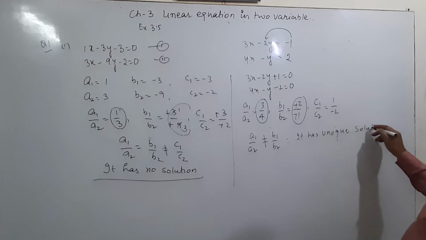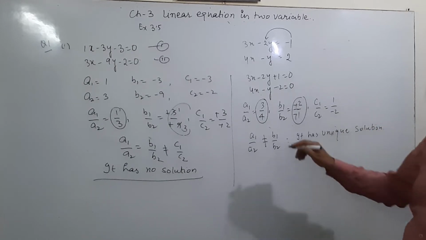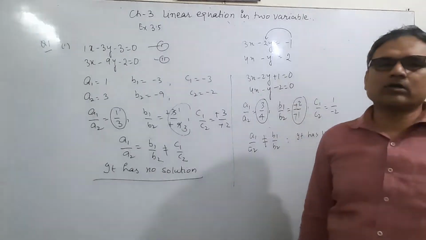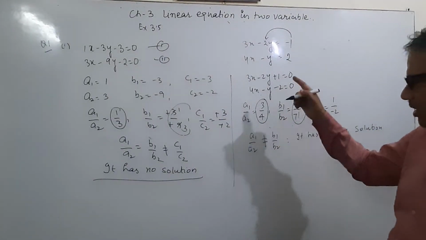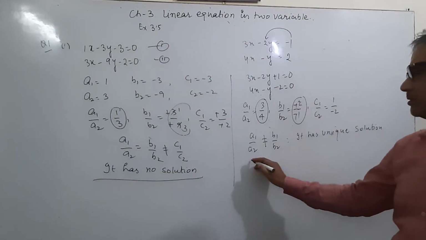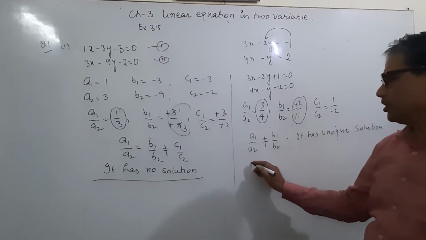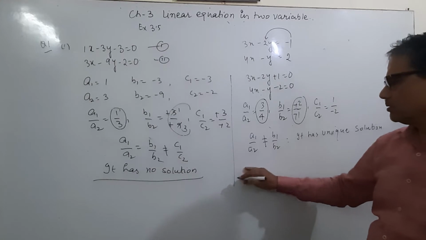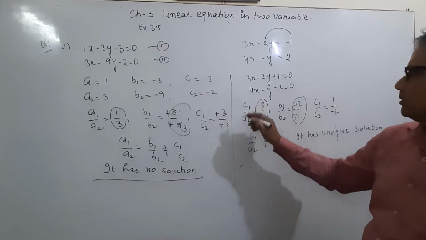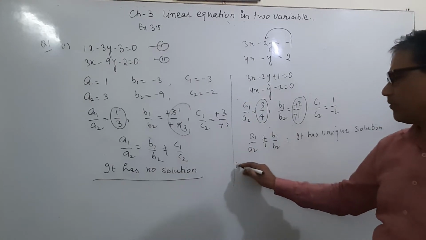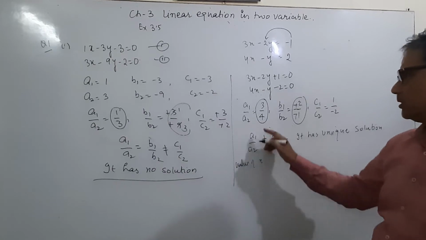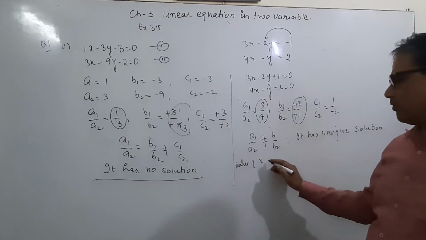If it has a unique solution, then we have to find the value of x and y by cross multiplication. After that we will solve. How will we solve? We have to write the coefficients. This is a unique solution, then the value of x and y. How? What I told you, write the coefficient of x.